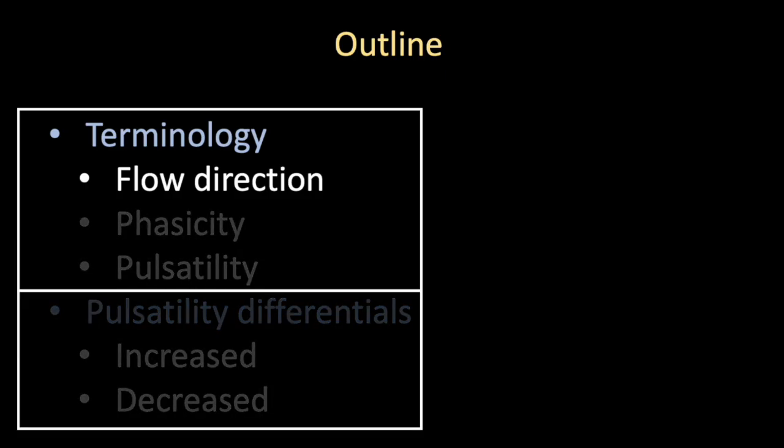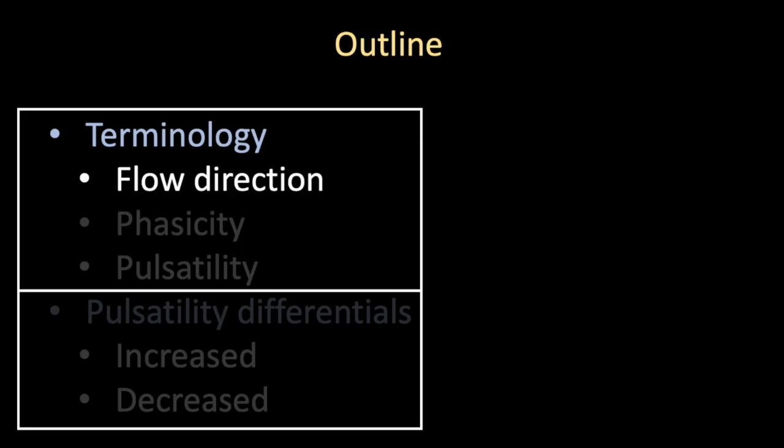And flow direction, you can either think of it as towards versus away from the transducer. So red is typically towards the probe, whereas blue is typically away from the probe. And we can think about things in that particular orientation as far as flow direction.